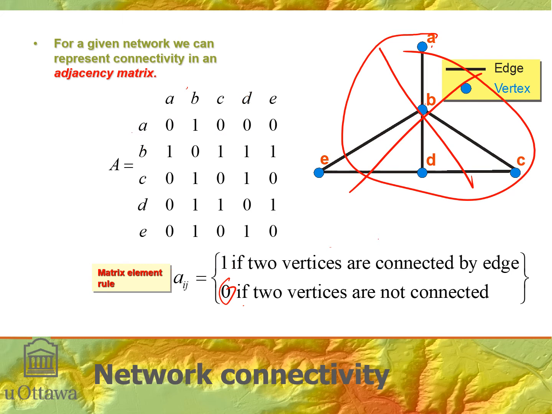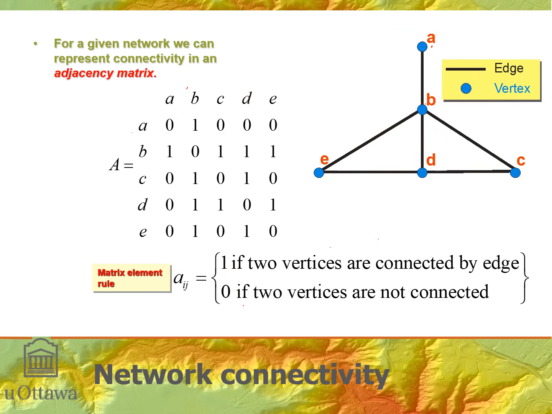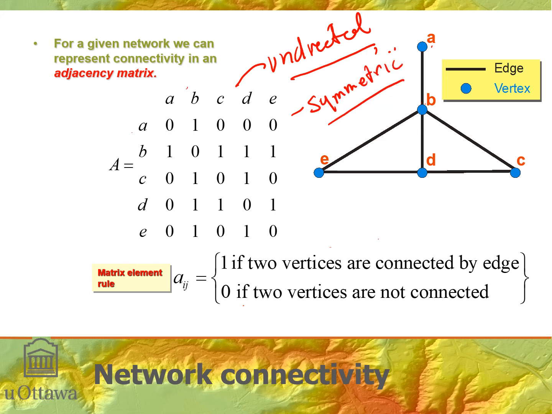This matrix, because it's created from an undirected graph, is symmetric. It's a symmetric matrix. And that simply means that along the diagonal, the upper diagonal and the lower diagonal are just mirrors of each other.